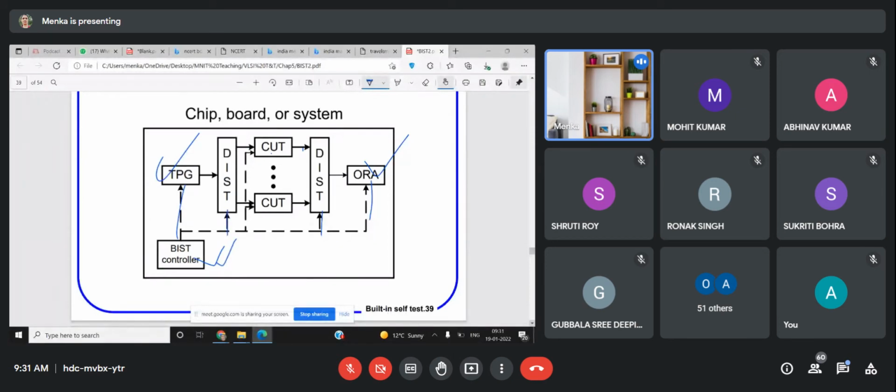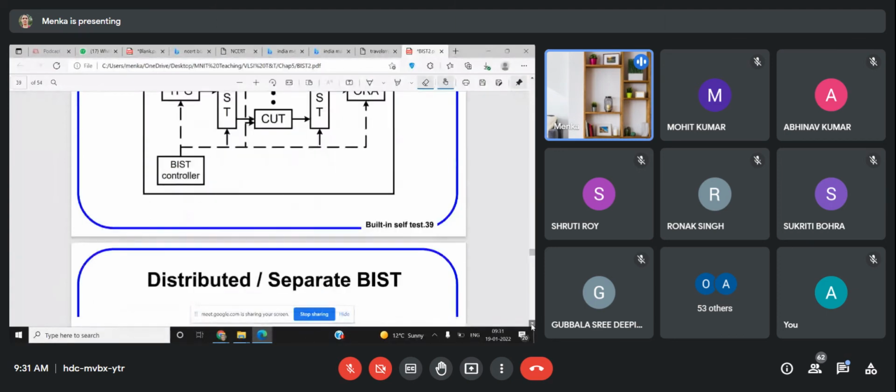Now, in order to identify which chip is having this particular fault, you have this chip controller also. One signal is going to control the chip also. So you may be using a multiplexing and demultiplexing system to identify which chip a fault corresponds to.